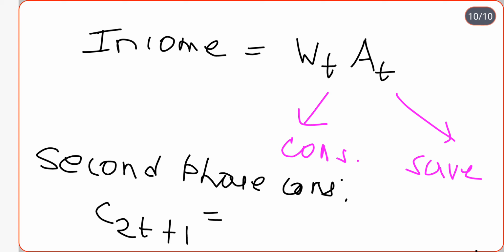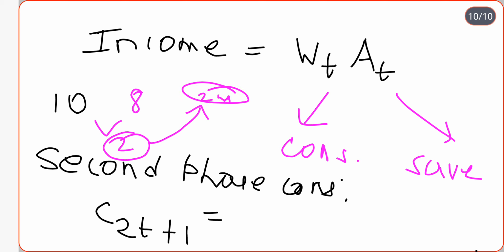Suppose in the first period my income was 10 rupees and I consumed 8 rupees. So I have 2 rupees remaining in my bank account, and that 2 rupees will be consumed by me in the second phase. So second phase consumption is nothing but the savings of the first period.